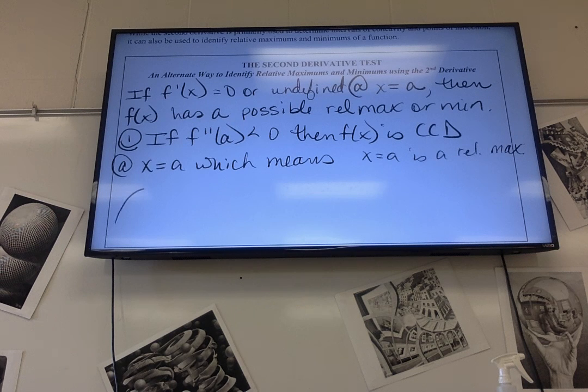Because think about it, if it's concave down at a, then a has to be a maximum.